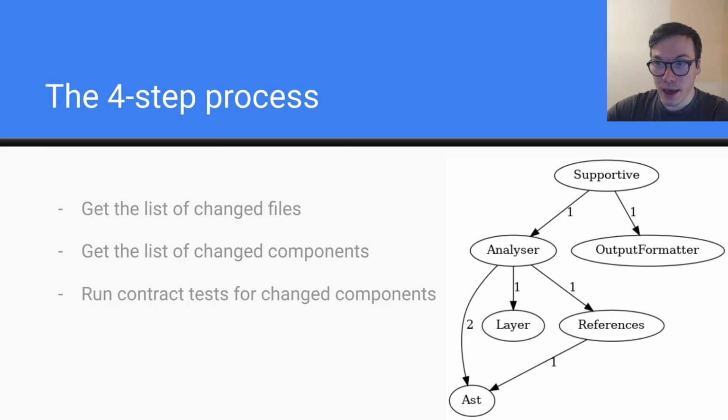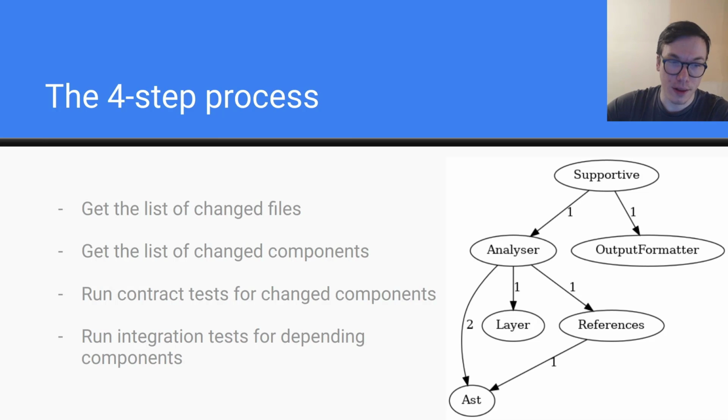And if I want to be extra careful and extra thorough, I will also run integration tests for all the components that depend on those changed components, right? So in this case, when I changed layer and references, what are the depending components? It's analyzer, right? Analyzer is a direct depender on those components. But then indirectly, supportive also depends on the changed layer and references, through analyzer.